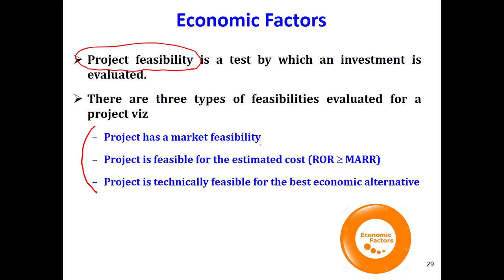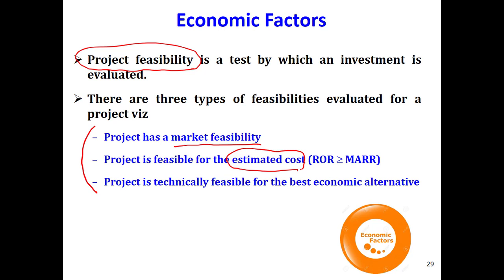One of them is the market flexibility. We need to know how flexible the market is, how the market can change. It can grow, or it can shrink. Then, how feasible is the project for the estimated cost?